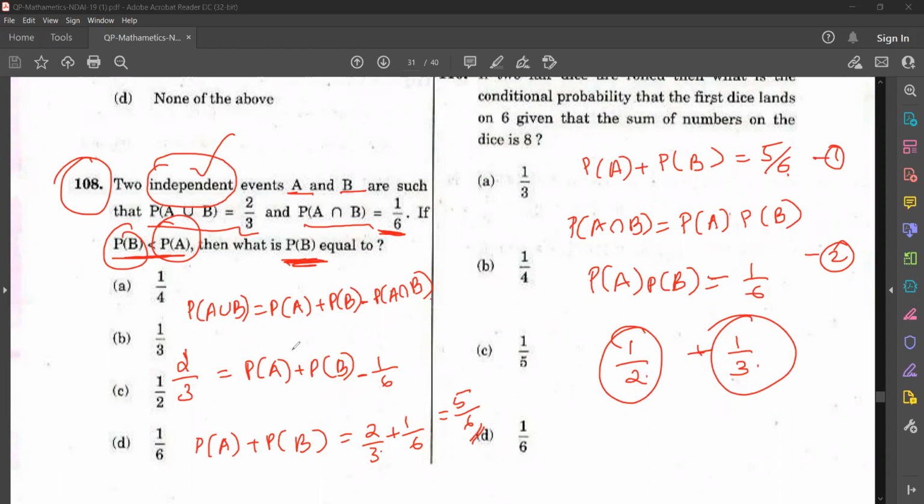So which option will you choose? Which is the smallest one? P of B, that is 1 by 3. So the answer is 1 by 3. Don't be confused, because you will see both these numbers in the options. But we have to understand that P of B is less than P of A, so of 1 by 2 and 1 by 3, the smaller is 1 by 3.